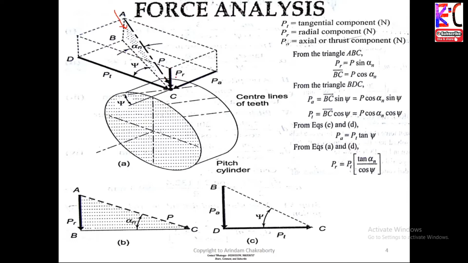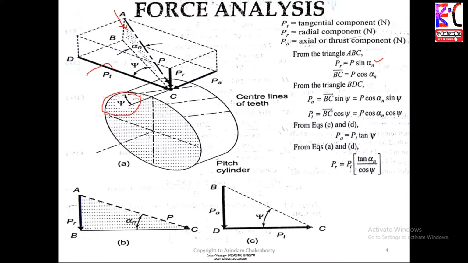The P sin alpha is termed as PR, as you can see over here. If you take P cos alpha in terms of the helix angle, that is phi, it will give you PT. Why PT? As I stated for your spur gear, PT is the main component for a gear to rotate.